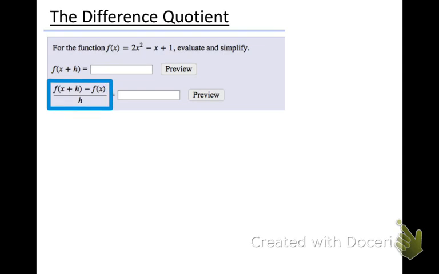It's the composition of f of x plus h minus f of x all over the quantity h. And in general, that's what's referred to as the difference quotient. Again, it will have more meaning to us later in future math courses, but it's important to introduce it now because it is really just composition of functions.